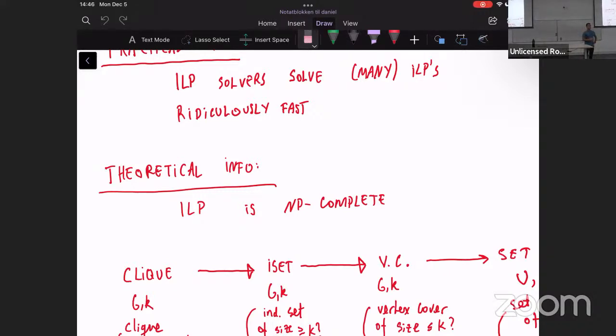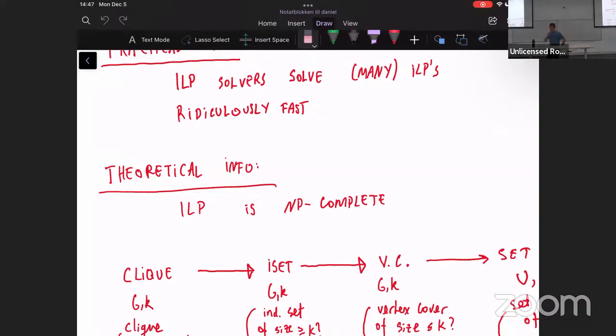It means that when you have your application and you make your ILP and you feed it to the solver, there is always a non-zero chance that it's just going to run forever. By forever, I mean an exponential amount of time, but if you feed it a 10,000 variable ILP, that is isomorphic to forever. And you don't know whether it's eventually going to give you a solution or not.